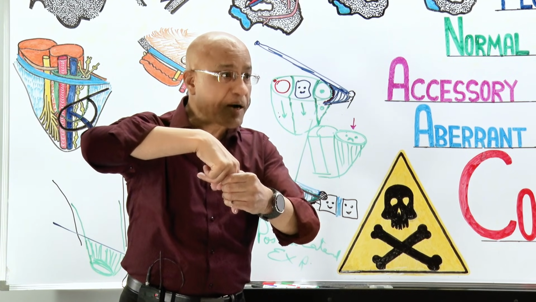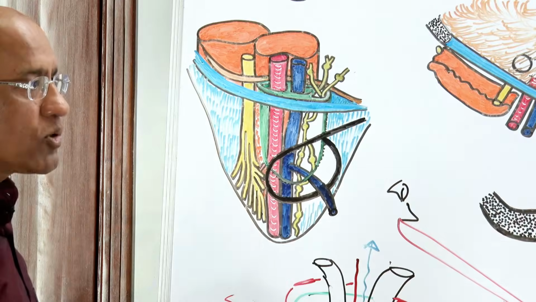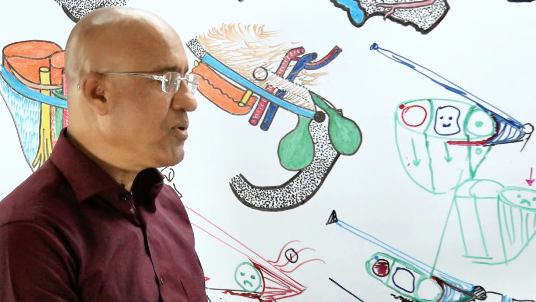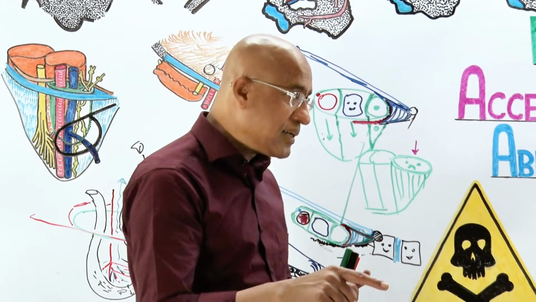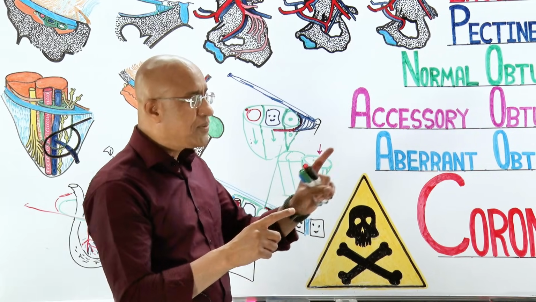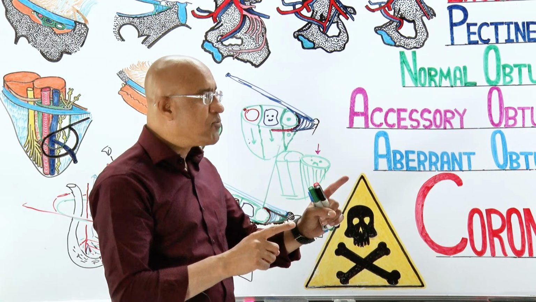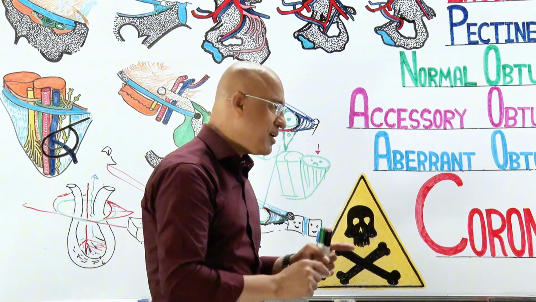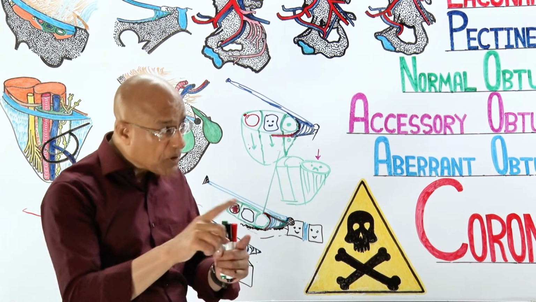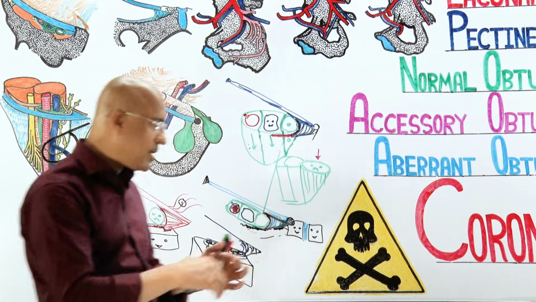It is going to the upper part of the thigh, right? So all these things contribute to a higher prevalence of femoral hernia in females than in males. We are comparing femoral hernia in females with femoral hernia in males, right?